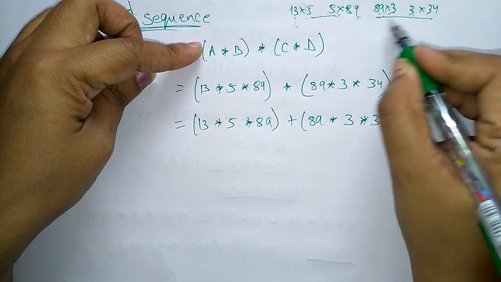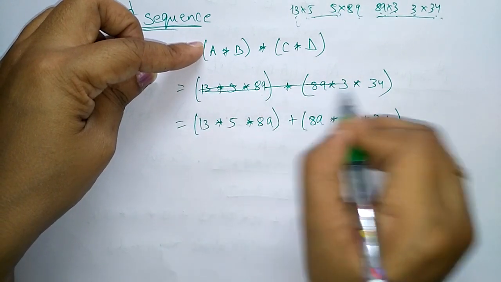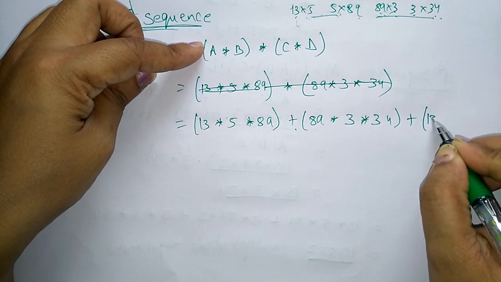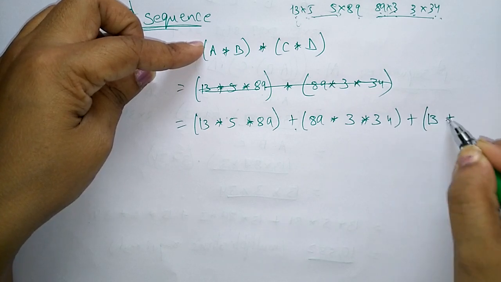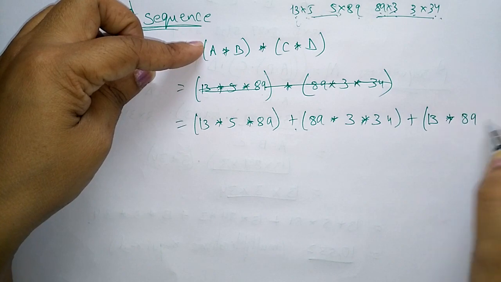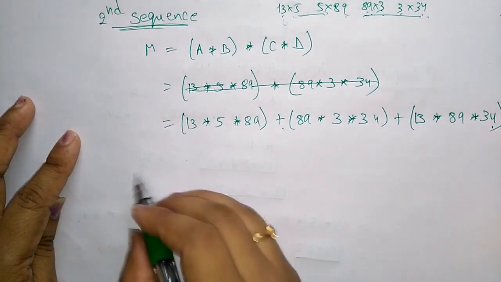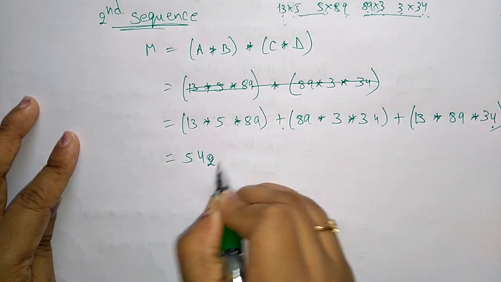So this is C into D, 89 into 3 into 34. Then we have to take the plus, and plus 13 into 89 into 34. Okay, and the total for this sequence, I'll get the answer as 54201.